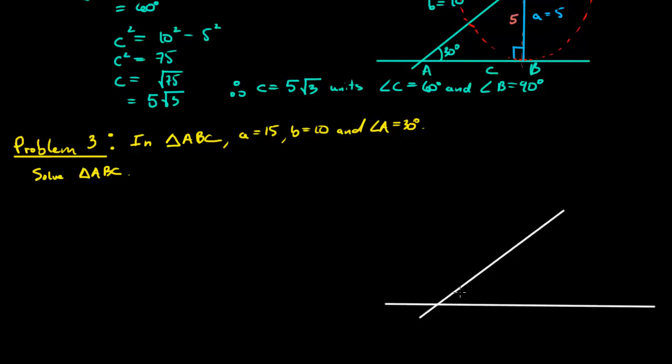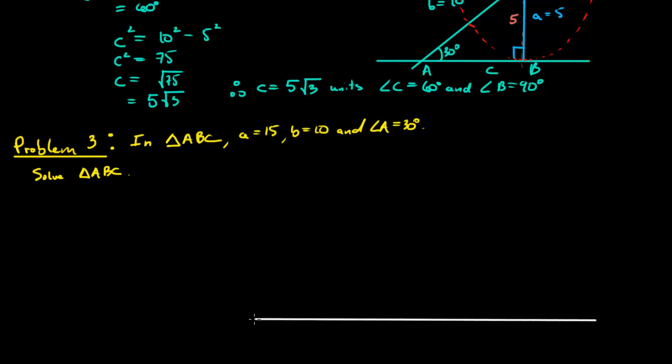So again, we have angle A is 30 degrees. This is side C. This is side B, which is equal to 10. I'm just going to redraw this for a second.